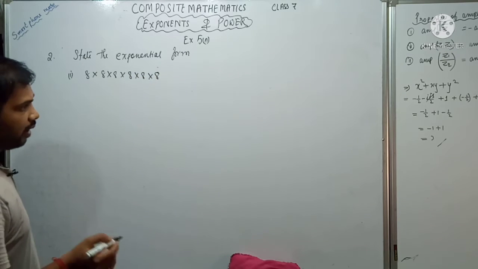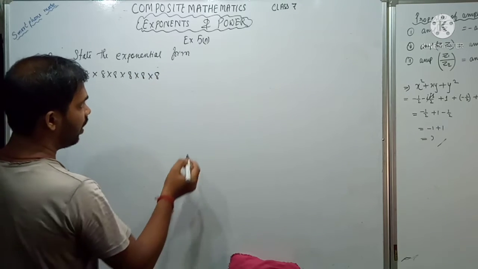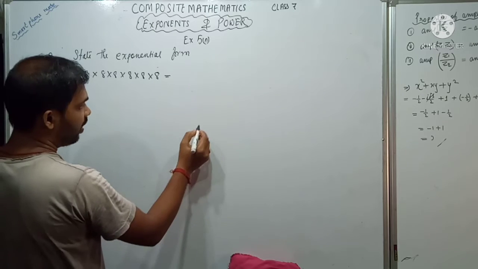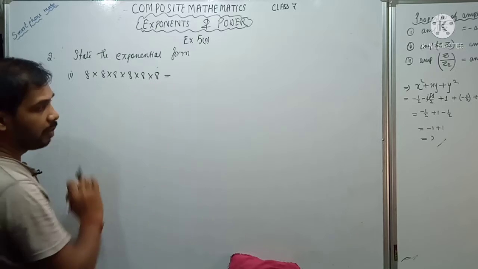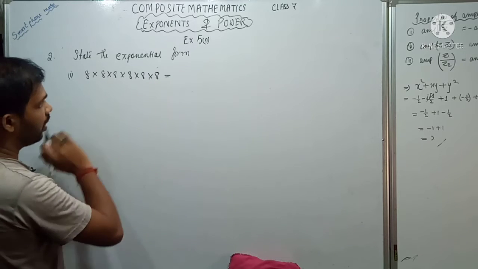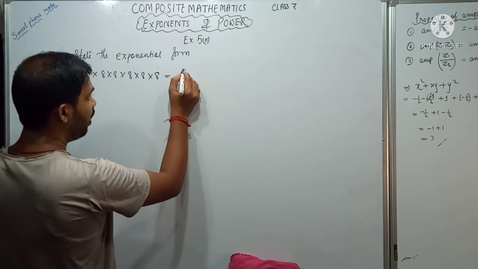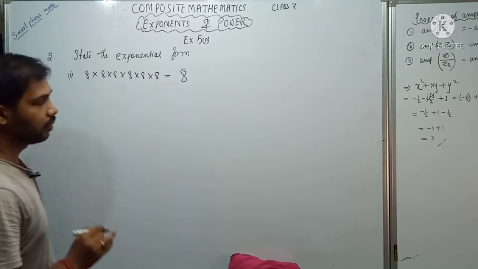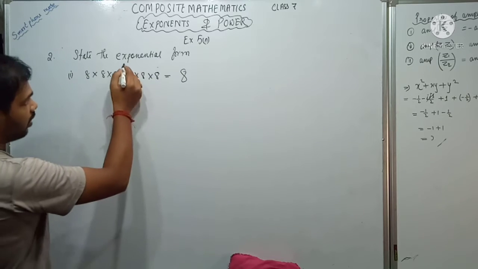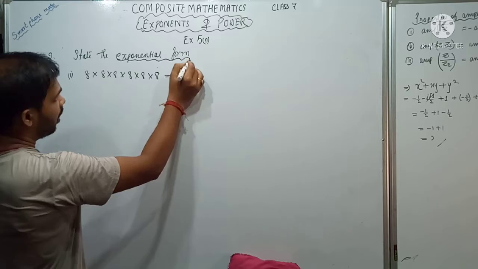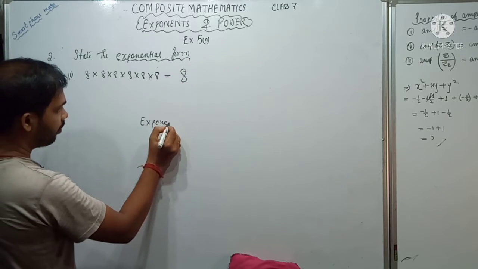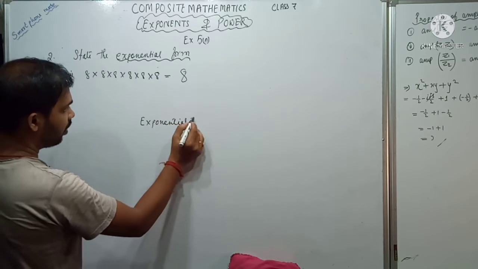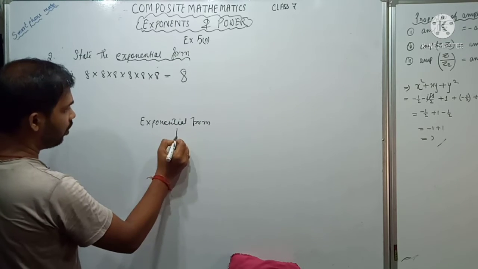Now we have already studied exponential form. It is written with base and power. Okay, now what is base? The number that is multiplied is base. So here which number is multiplied? 8. So the base will be 8. Exponential form comes with two things.